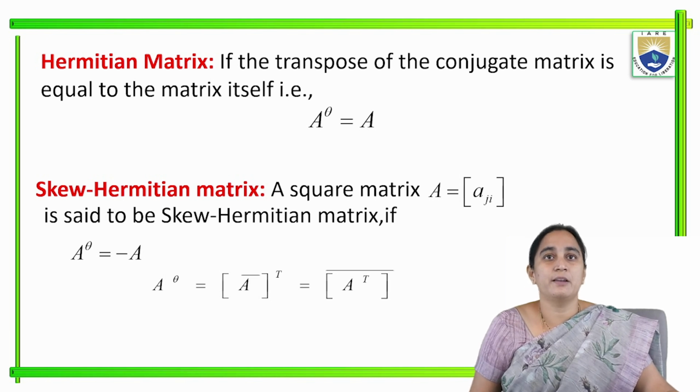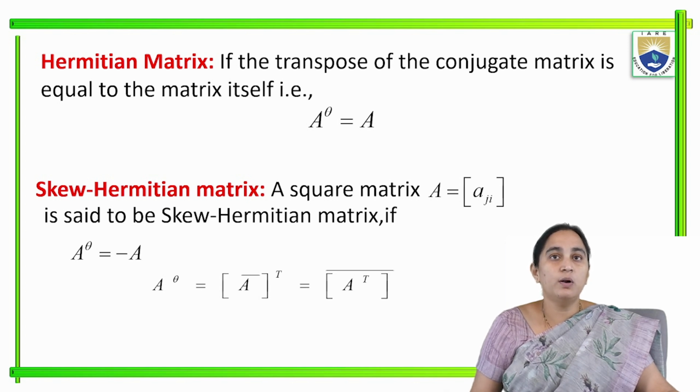Next definition, Hermitian and skew Hermitian matrix. Observe the definition for the Hermitian. If the transposed conjugate of the matrix is equal to the given matrix itself, it is called a Hermitian matrix.